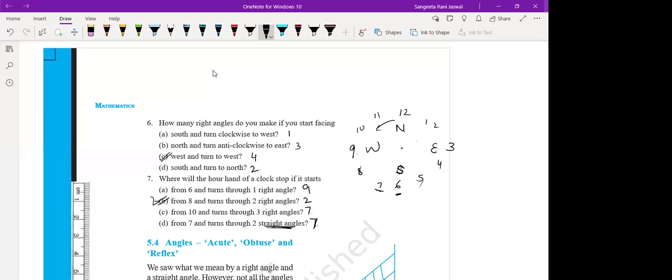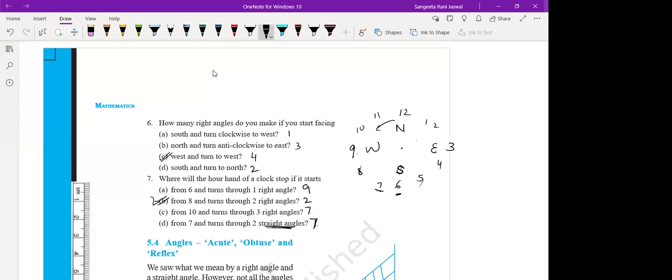Okay. Now next is, if you start from 10 and turn through 3 right angles. Trilokya, 7. Okay, Neha.